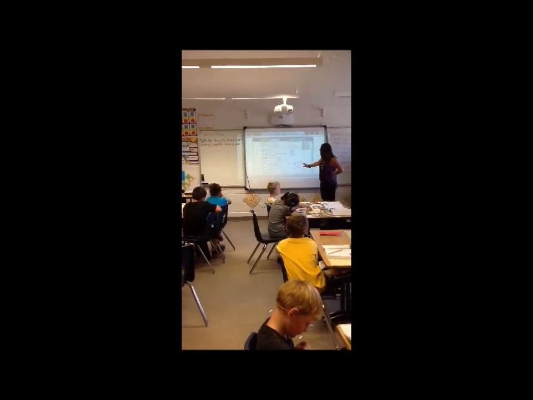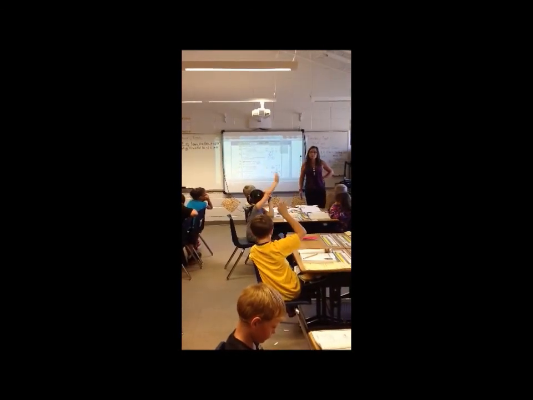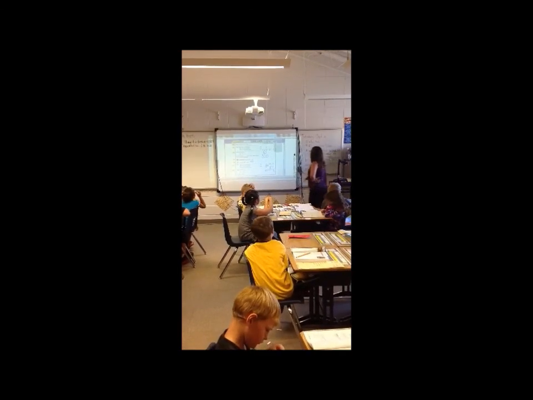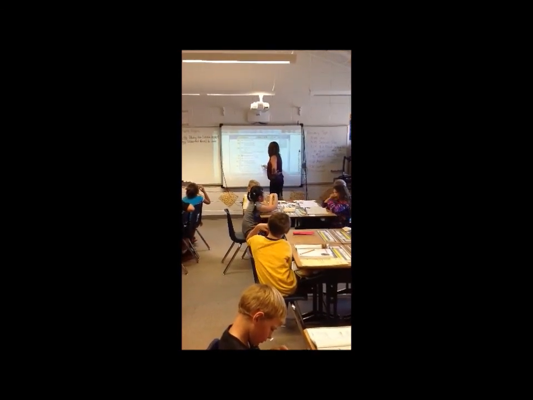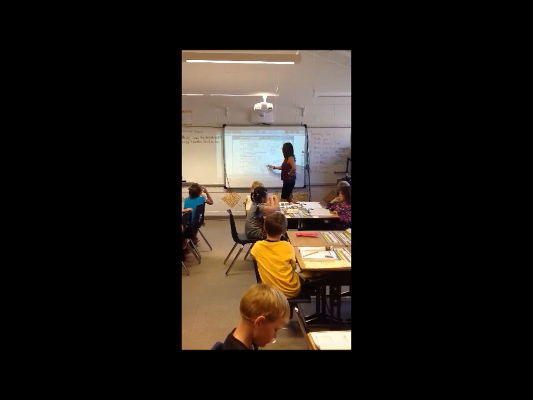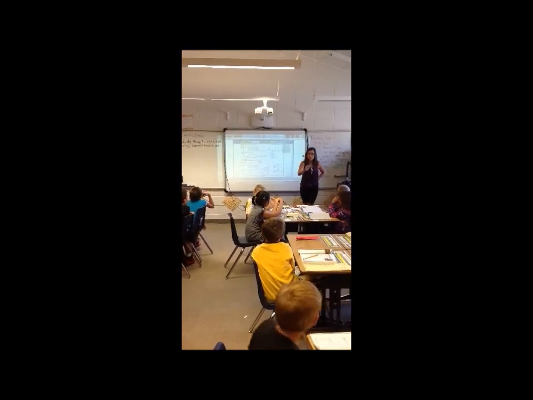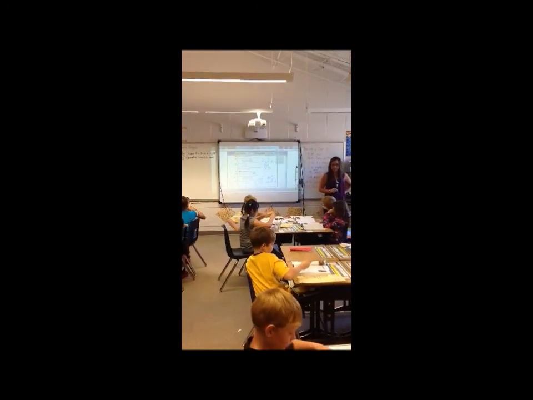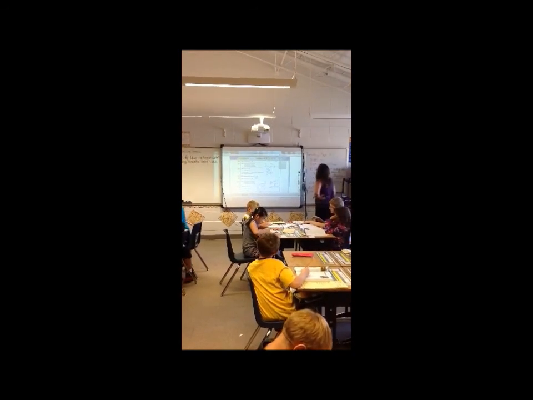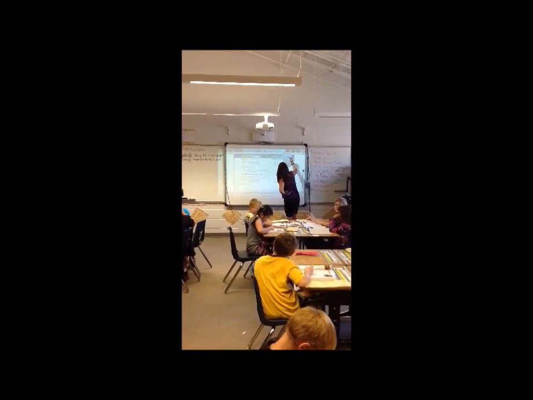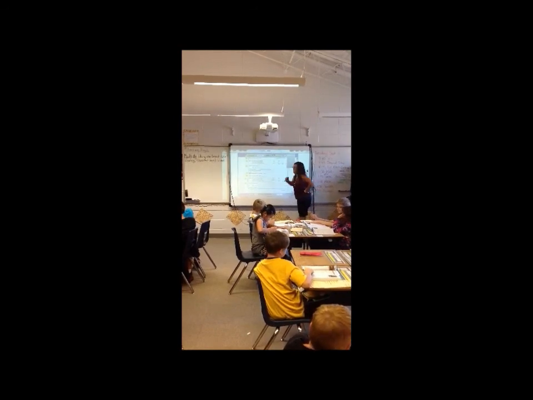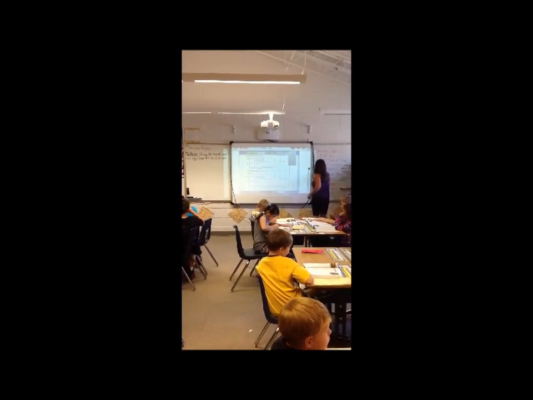So now I've got 600 plus 70 plus 5. How about an answer? Antia? 675. Wow. Way to go. Very good. Please write that in. Oh, looks like Carrie's already took care of that. Good job.